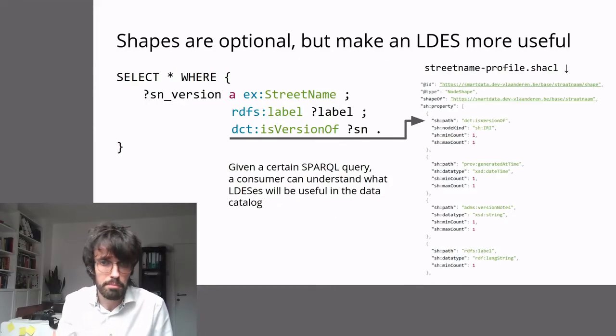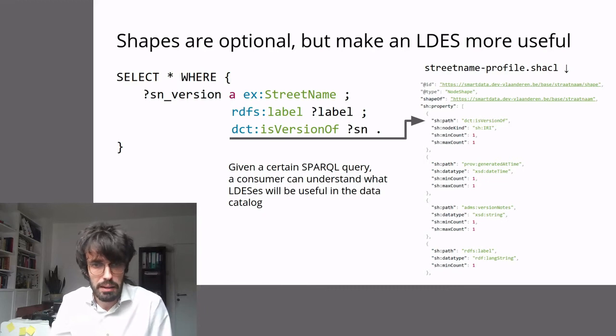Now, if, for example, we would have a SPARQL query like this, SPARQL being a linked data query language, you can select the street name version, where you just type the street name, and I want the version identifier of that, or the real object identifier of that, and I want to find the label. Well, the streetnameprofile.shacl defines that dcterms:isVersionOf is always going to be part of all the members that are in this collection.